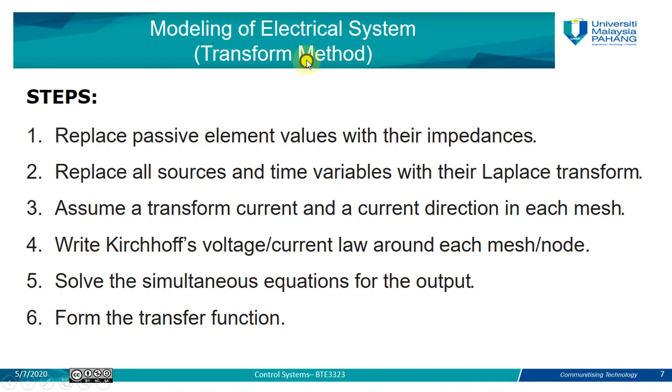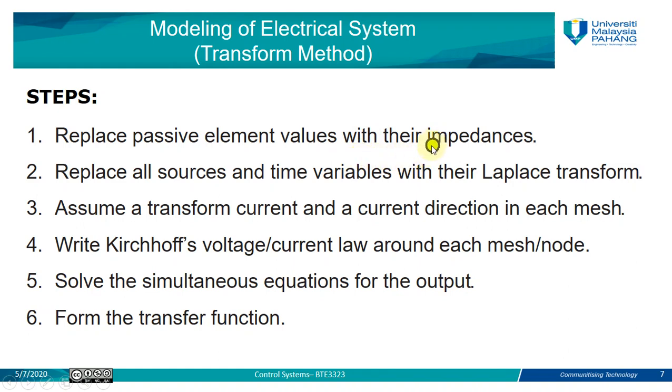Here, we need to convert all elements of our electric circuit into the S domain. So the first step, we need to replace the passive elements like resistor, capacitor, and inductor with their impedance values. So we are not going to say only L and C for the inductor and capacitor, but we need to represent their impedance.